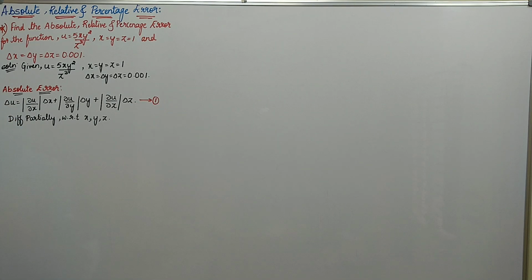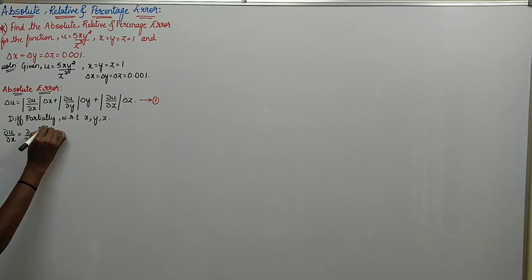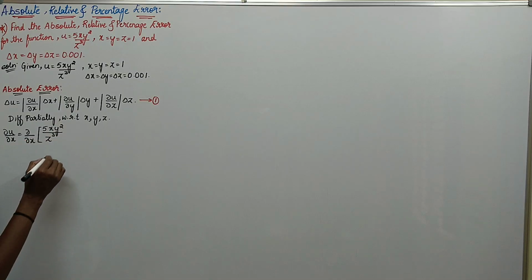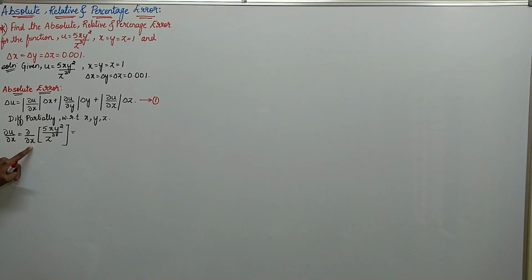Then now after considering this as equation number 1, let us differentiate, that is dou u by dou x which is equal to dou by dou x into 5x y square divided by z cube. That is, I need to differentiate with respect to x. This whole is one term.